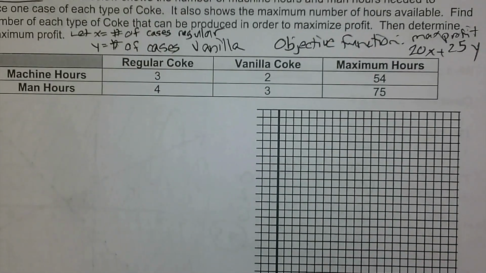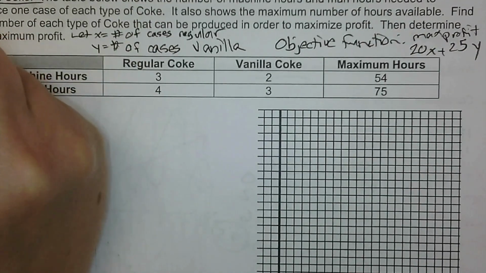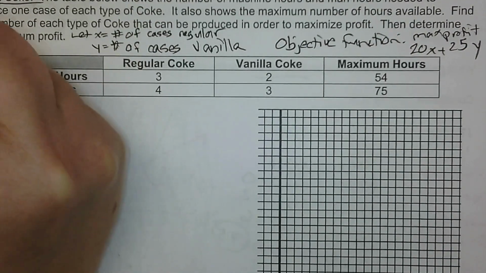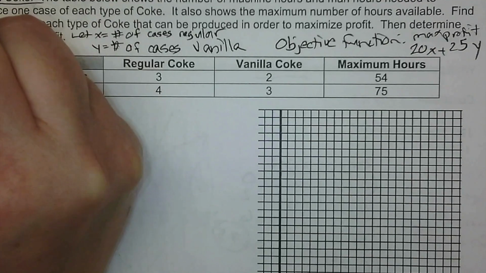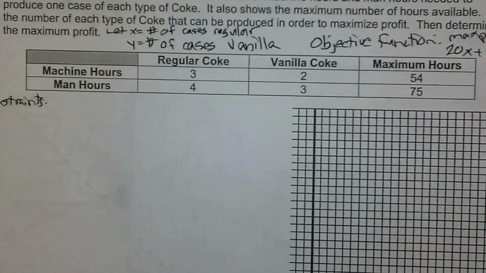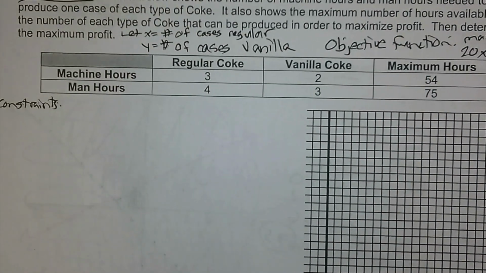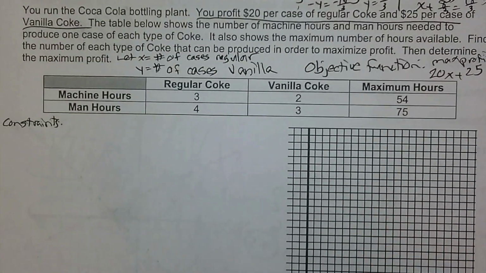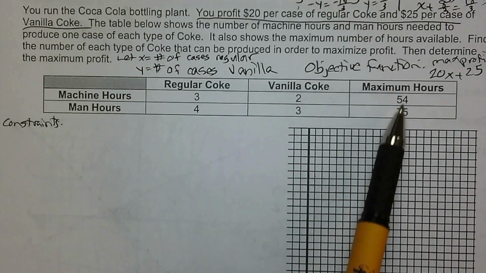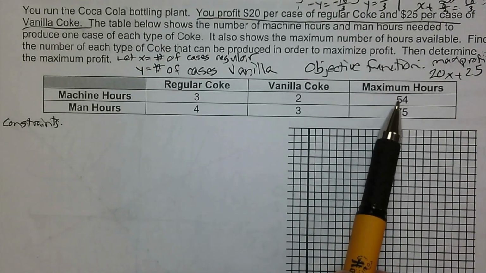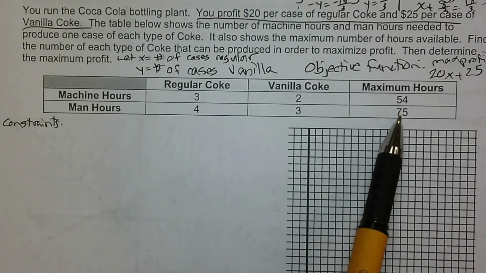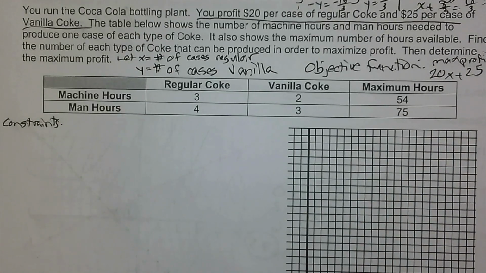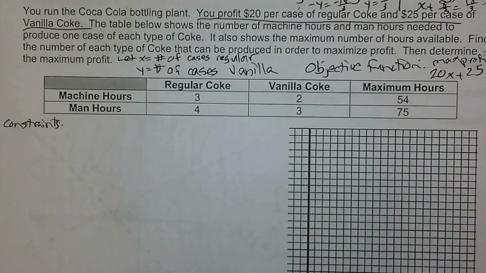All right, now we need some constraints. What prevents us from being able to make 1 million of each? See if I can zoom out a little bit. Well, we have a maximum hours. So we have maximum hours of machine and maximum hours of man time. So the machine is 54 hours.